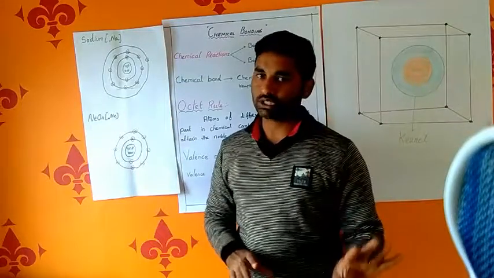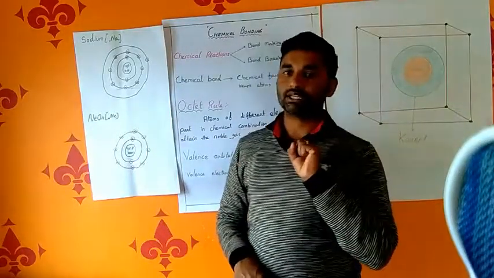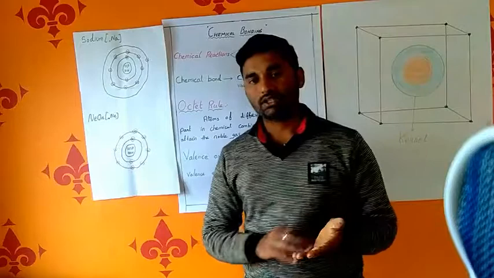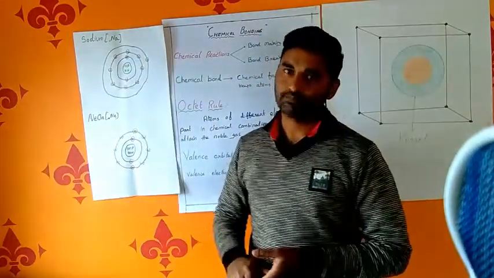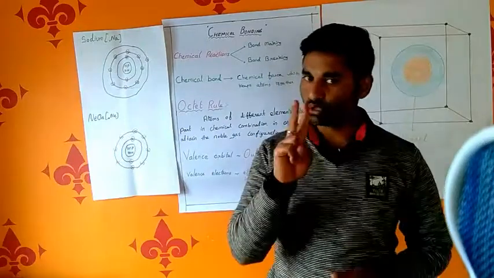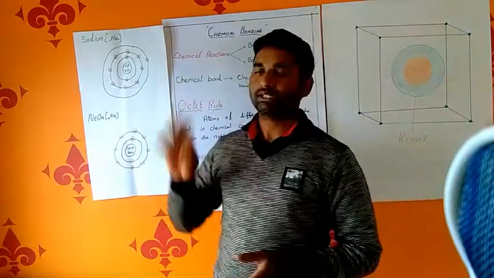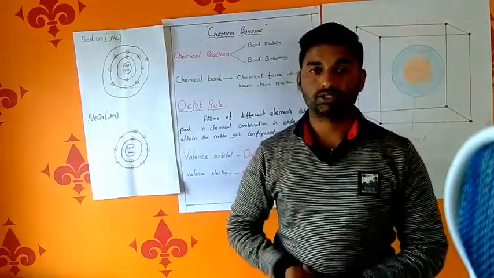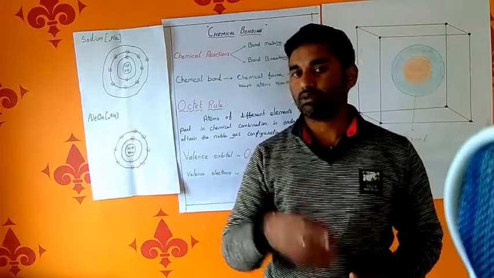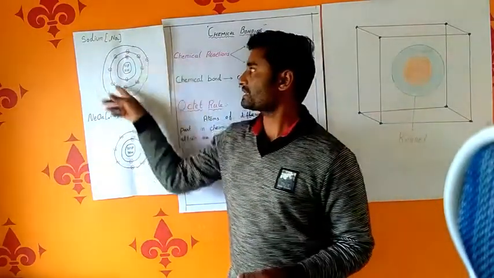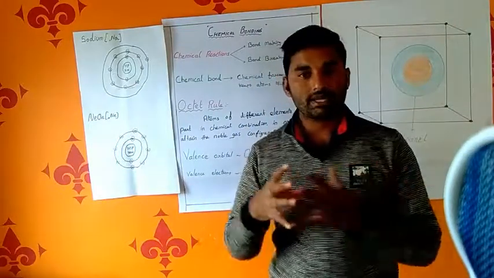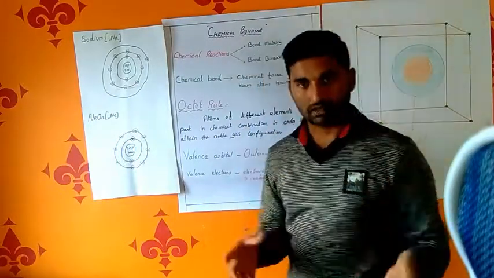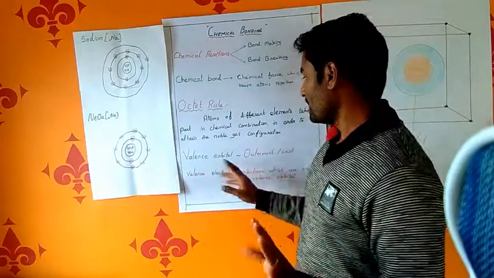We know that protons and neutrons occupy the nucleus, and electrons are present in the orbitals surrounding the nucleus. In the first orbital, a maximum of 2 electrons can occupy, as well as in the second orbital, a maximum of 8 electrons can occupy, and the remaining 1 electron will occupy the last shell. One thing I should tell you is that the last outermost orbital is called the valence orbital.